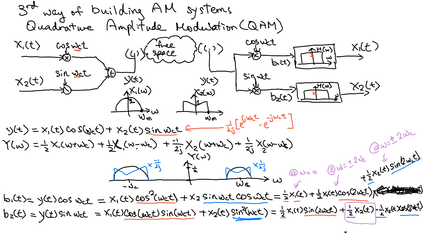Because by the same logic, this term, the spectrum, is centered around plus or minus 2 omega_c. This term is centered around plus or minus 2 omega_c as well.